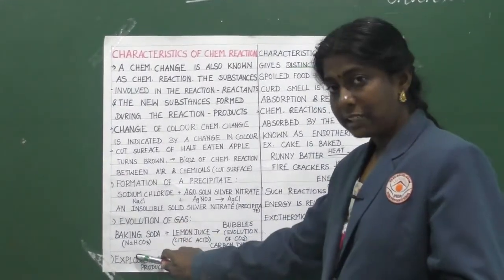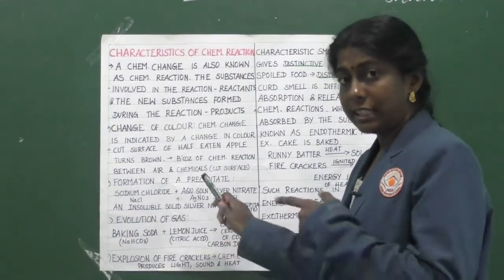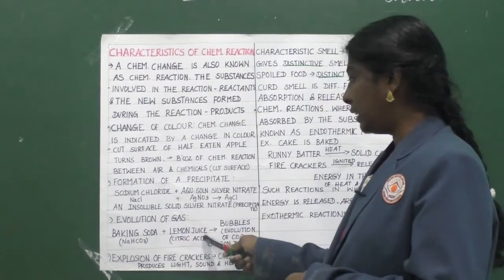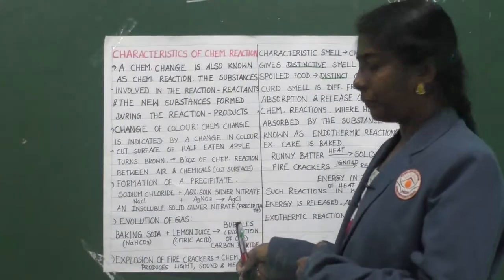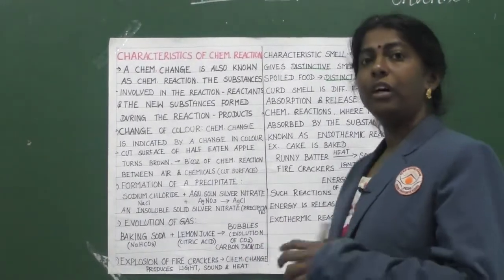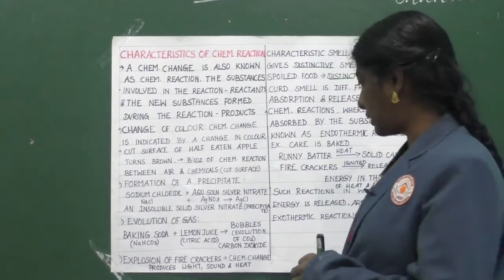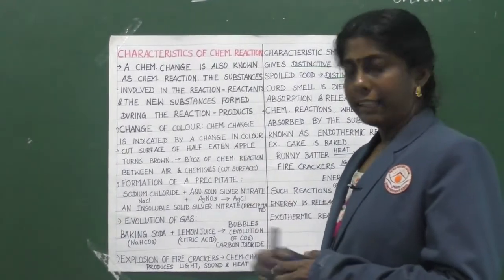When this baking soda is mixed with lemon juice, which is citric acid, bubbles are formed due to the evolution of carbon dioxide. So this is one example.